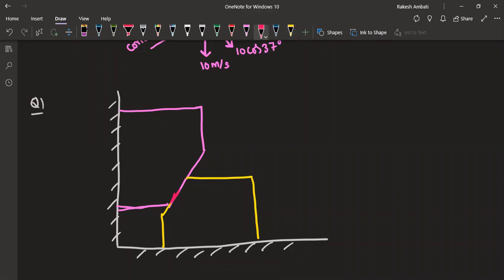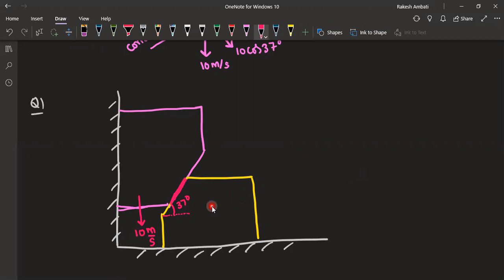So in this question, it is a contact surface, the two surfaces in contact. And in the question, this angle is given 37 degrees. If this vertical block is moving down with 10 meter per second, what about this horizontal block?